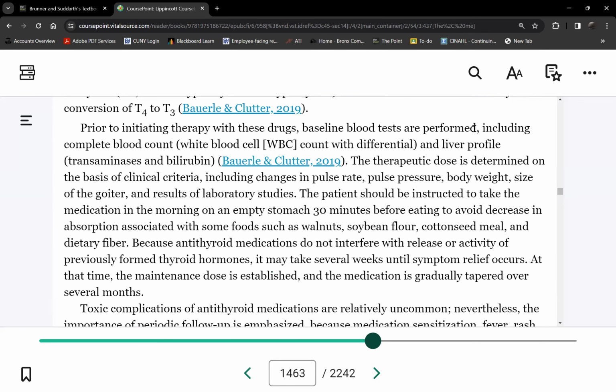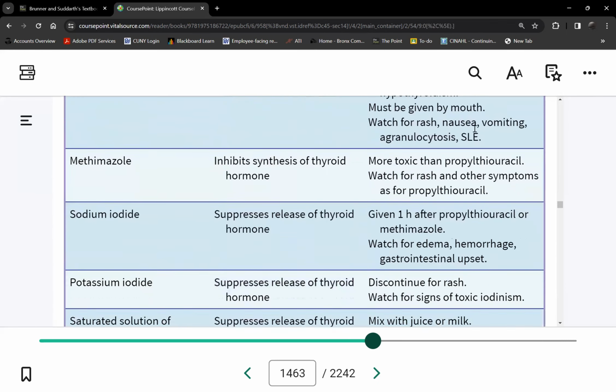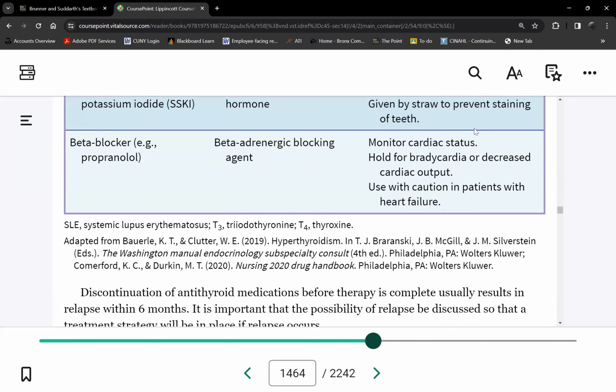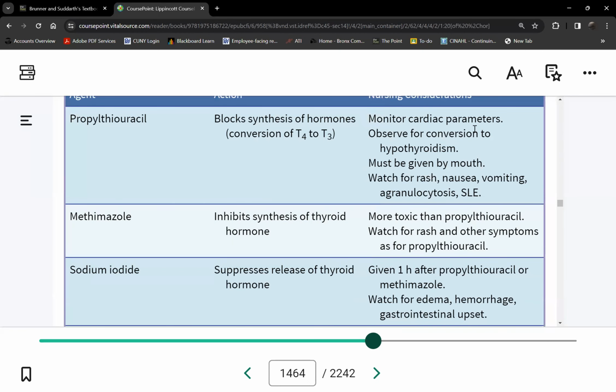So let's go to this table 45-1 right here. So these two drugs, look at the action. Read the action for me. For PTU. Okay, so it blocks synthesis of hormones, whereas methimazole inhibits what?